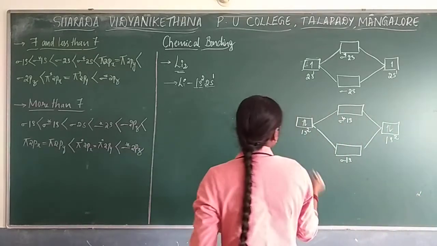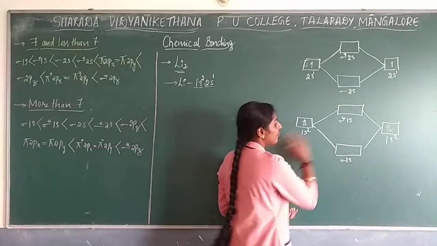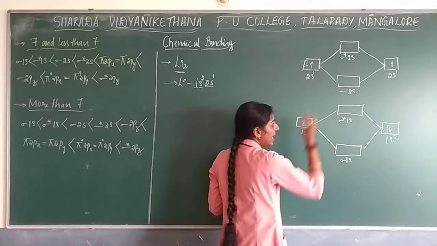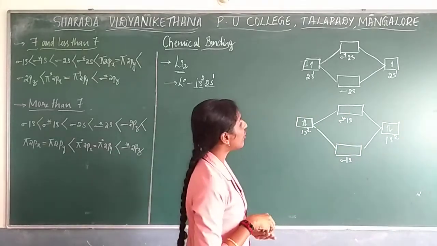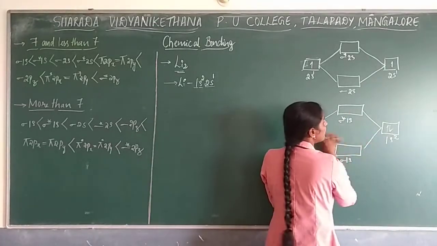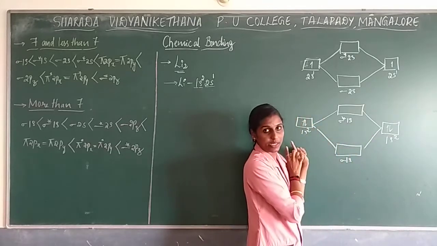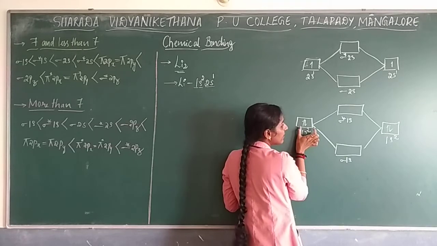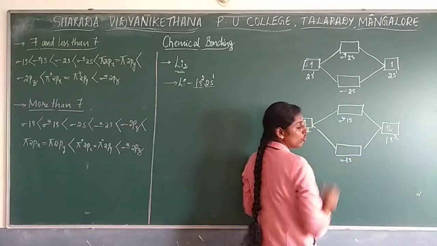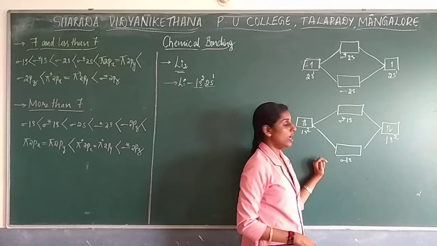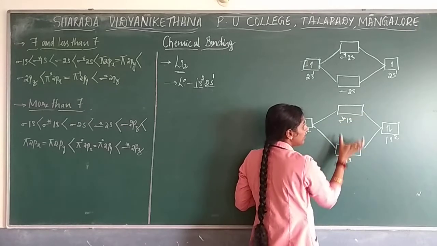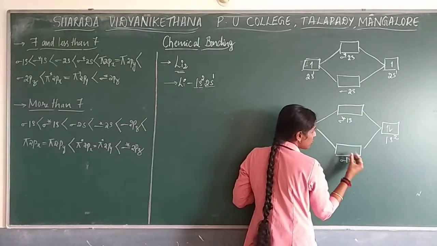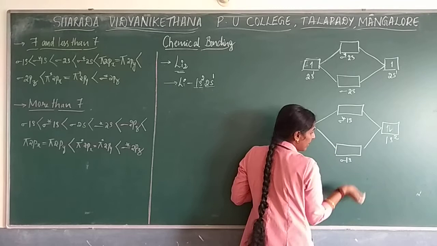So next, what do you have to do? Next you need to fill the bonding and anti-bonding molecular orbitals. How are you going to fill? Just by checking the electrons present in the particular MOT. If I consider this MOT, how many electrons are present in total? 2 plus 2, 4 electrons. So you need to distribute 4 electrons between these. How can you distribute? First you have to give to the lower energy orbital.